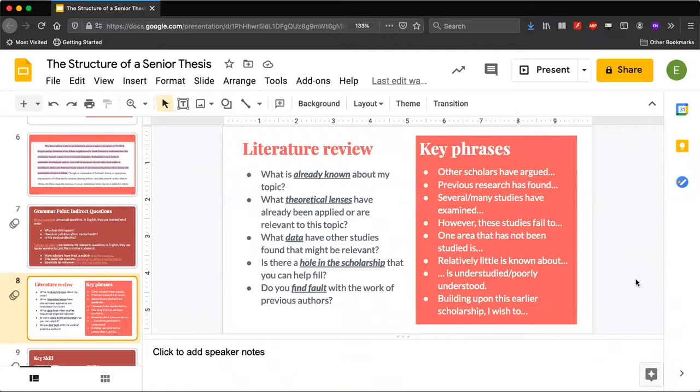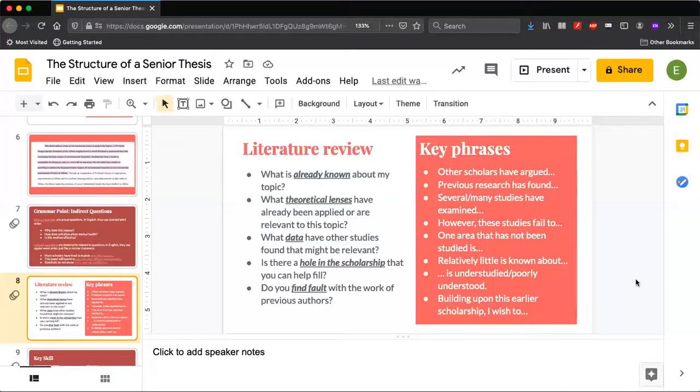So I think it's important to, as you're writing your literature review or as you're editing your literature review, think about where your research fits into the body of existing scholarship, how it is building on that. Okay, some key phrases to look at here would be things like, other scholars have argued, previous research has found, several or many studies have examined some theme, and then, more critical ones looking at things that are missing.